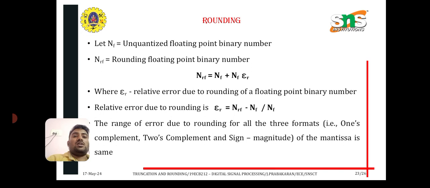Also, for the rounded floating point binary number, N_rf equals the unquantized floating point binary number N_f plus N_f times the relative error due to rounding, epsilon_r, where epsilon_r equals N_rf minus N_f divided by N_f.